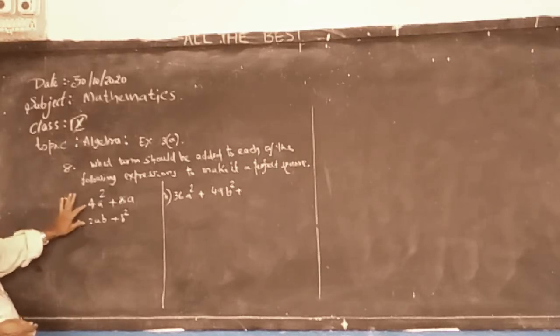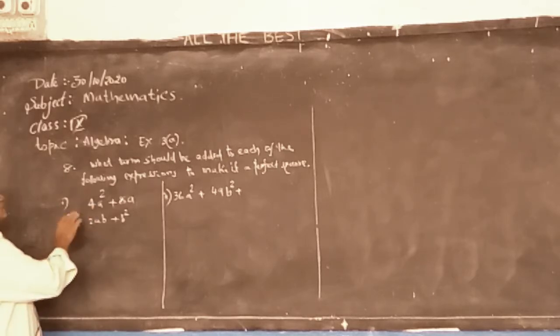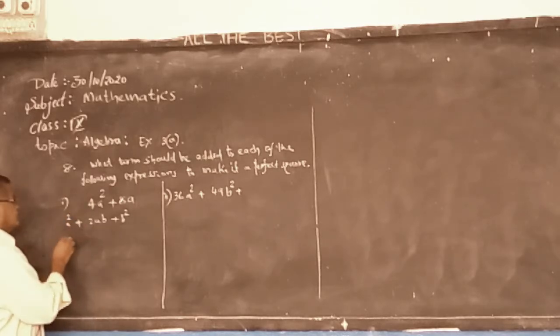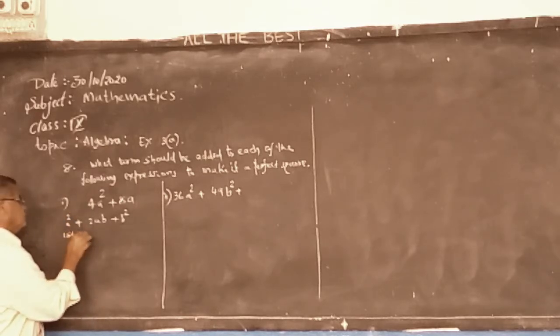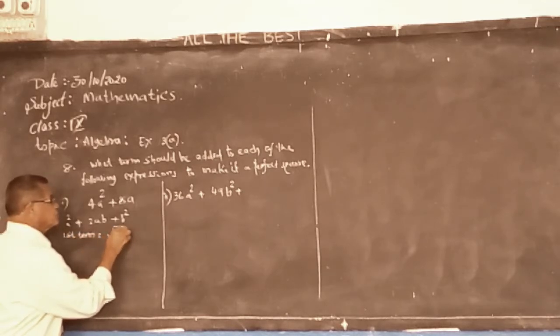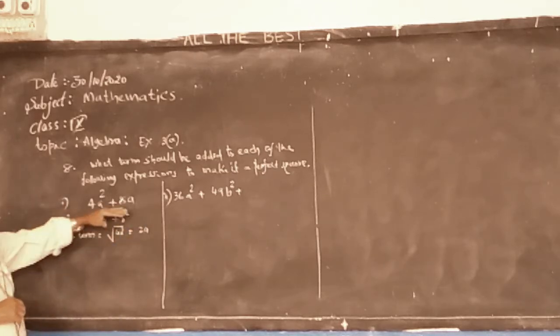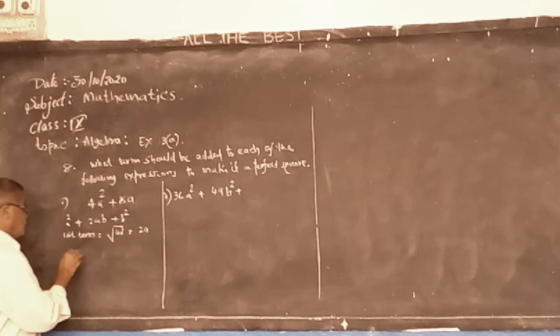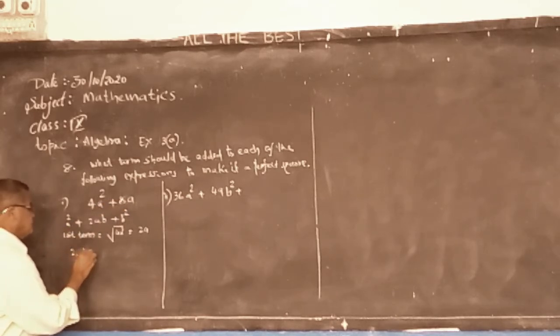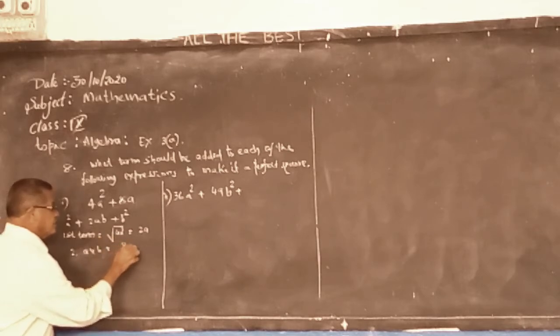The first term is the square root of 4a squared, that is 2a. And this is the product 2ab: 2 into the first term a into the second term b, which is equal to 8a.